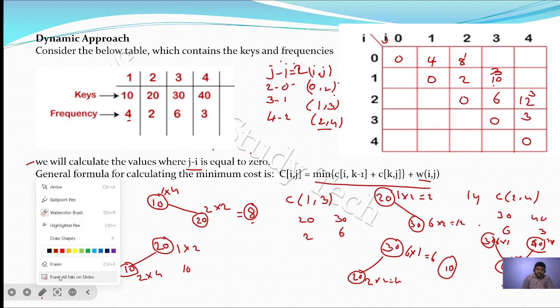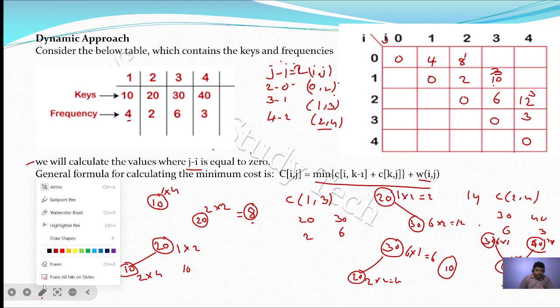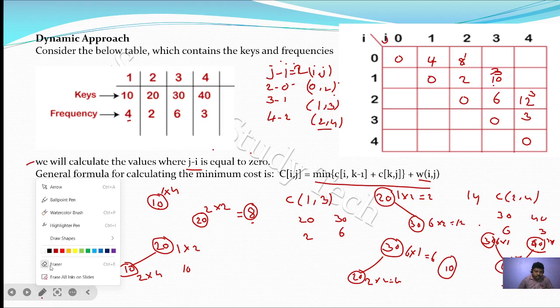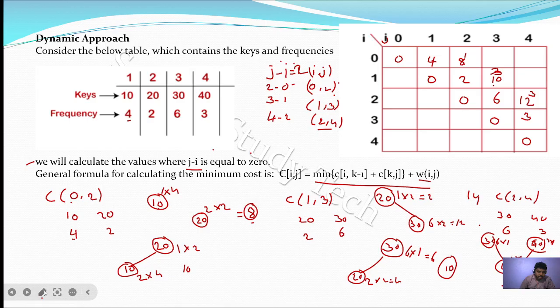Like that we have to find. We have to find j minus i equal to 3 and j minus i equal to 4.